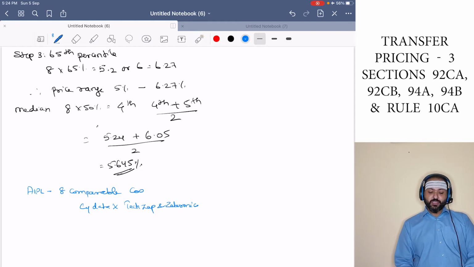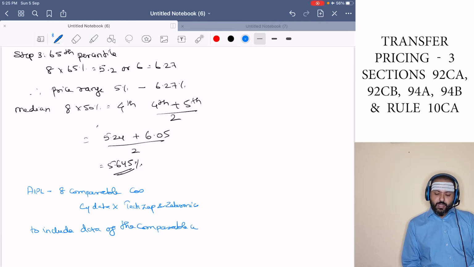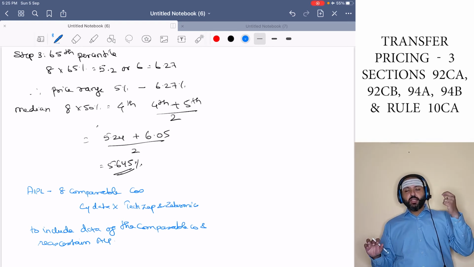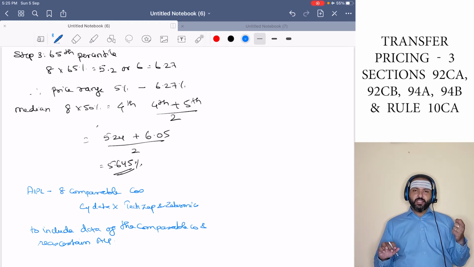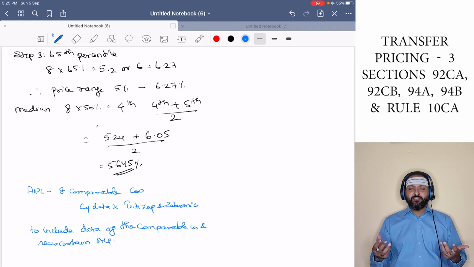Now the assessing officer has the power to include data of the comparable company and reascertain ALP. So what can he do now? He can now include the current year's data for TechZap and for Zebronics, which you left blank because you did not have data.